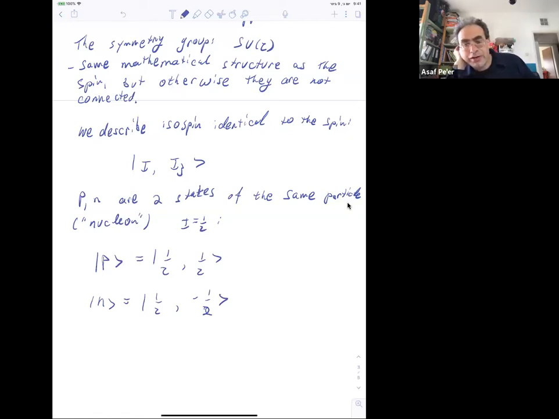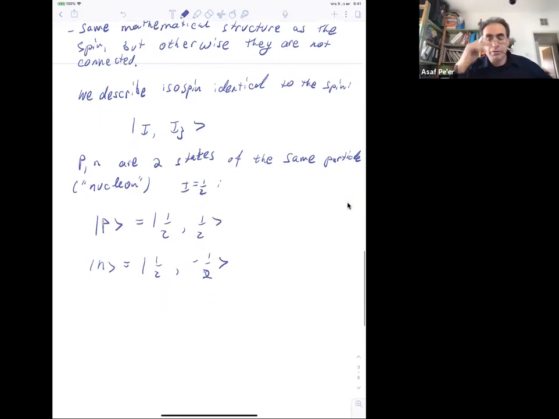Now, this was done before the discovery of the quarks. Initially people didn't know that the proton and neutron have internal structure. But when people discovered the quarks, it became clear that the symmetry between the proton and the neutron is identical to the symmetry between the up and down quarks.